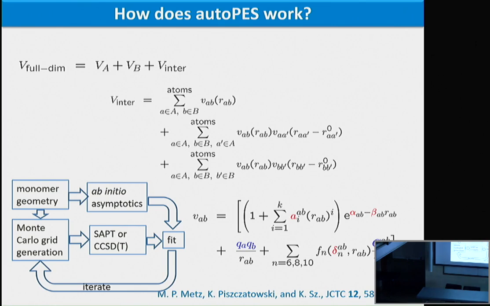And we work on this potential. The intermolecular potential is written in a form which has first a sum over atoms from systems A and B, a sum of atom-atom potentials. We also use off-atomic sites, but I won't talk about it. And then we have a term which gives you intramonomer effects on intermonomer interactions.